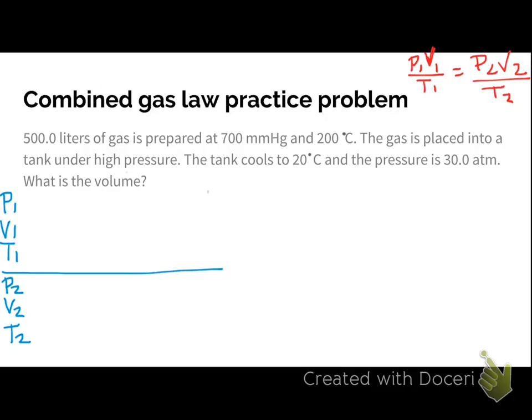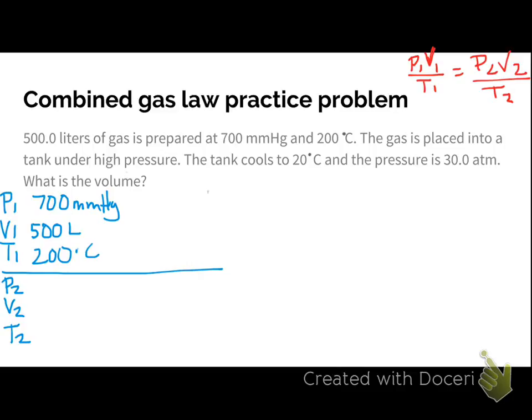So this first sentence tells us everything we need. 500 liters of gas is prepared at 700 millimeters of mercury and 200 degrees C. So 500 liters is going to be my volume. 700 millimeters of mercury is my pressure. And 200 degrees Celsius is my temperature.